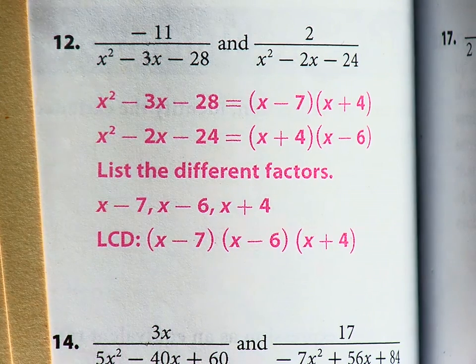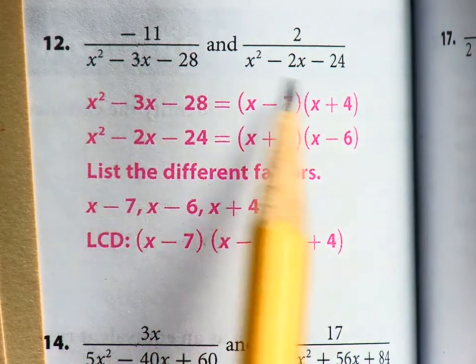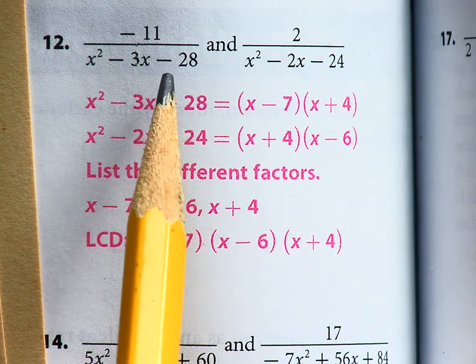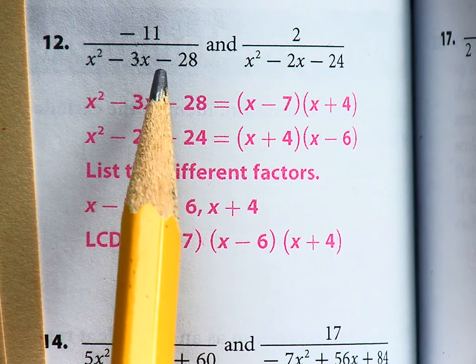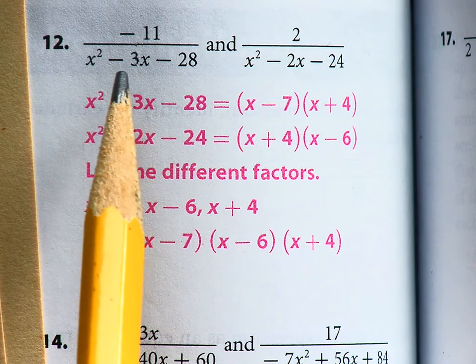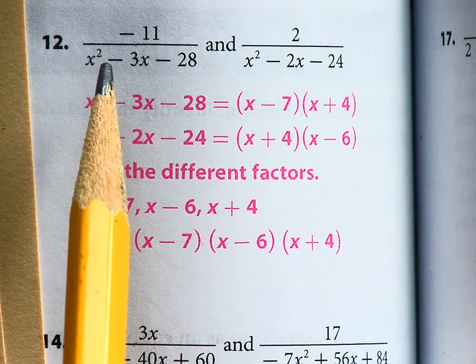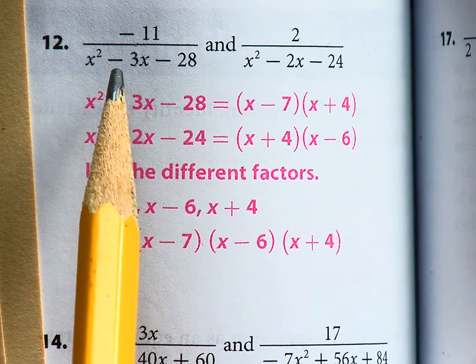I'm going to factor both of these. So I need factors of 28 that subtract to equal -3, or basically 3, and your largest factor is going to be negative, same difference.